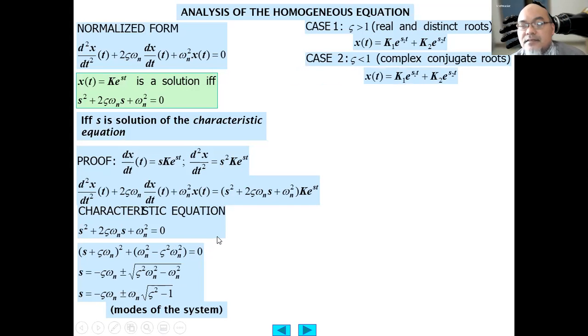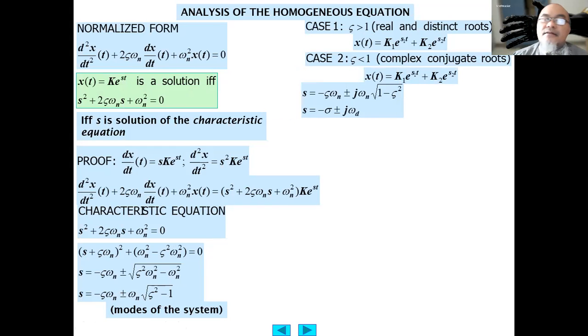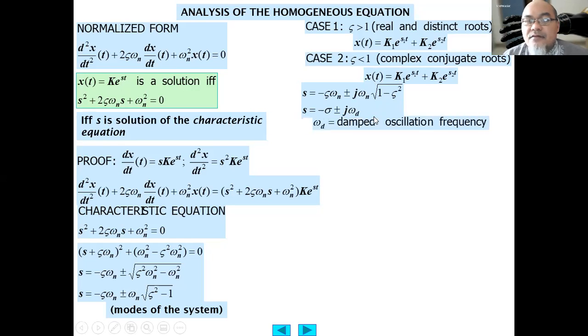With x(t) expressed as k1 exponent s1t plus k2 exponent s2t, s equals minus zeta omega n plus minus j omega n square root of 1 minus zeta square. The term omega n times square root of 1 minus zeta square is renamed as omega d, the damped oscillation frequency.